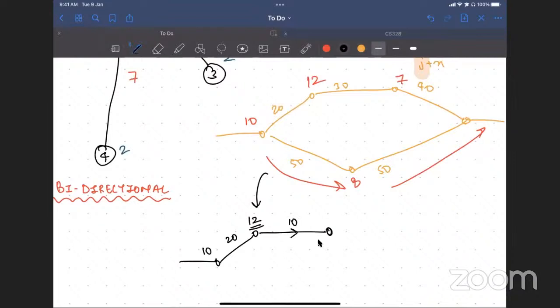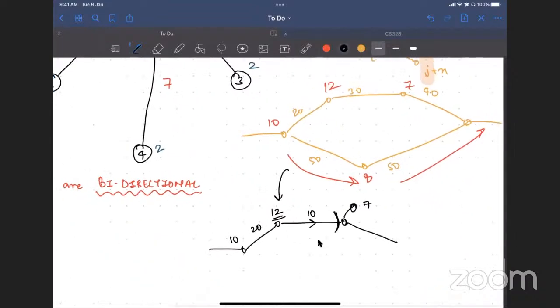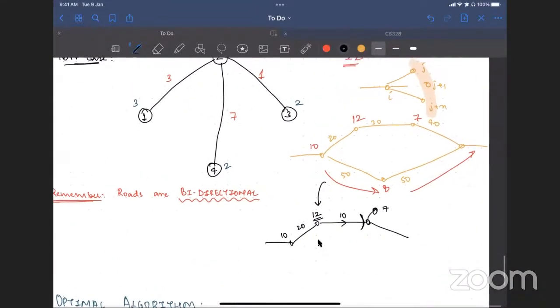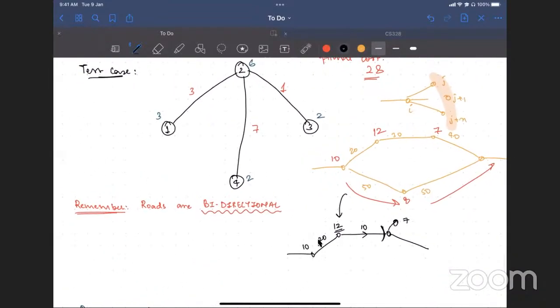If I encounter a lower cost, 7, I'll stop refueling till here, and then refuel all the way from 7. This is what you're saying. Yes. But I don't know how computationally intense this would be compared to brute force, since you're finding all the paths and then doing this.